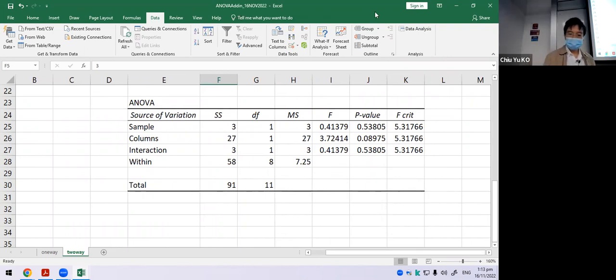So if you look at the within row, you will see this is SSE, or SSW in the one-way ANOVA, right?